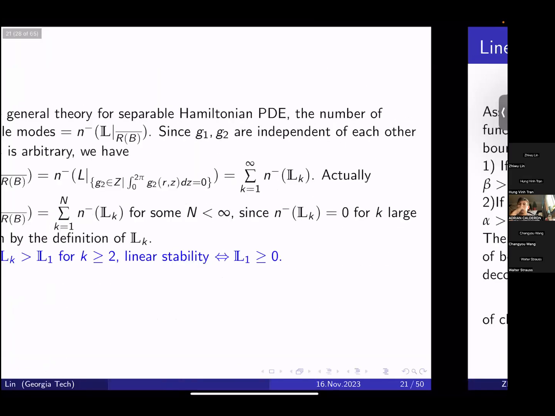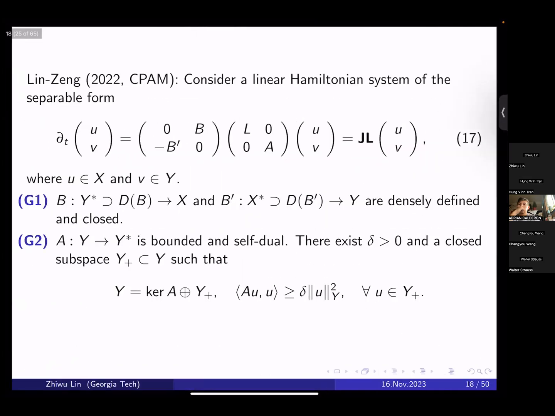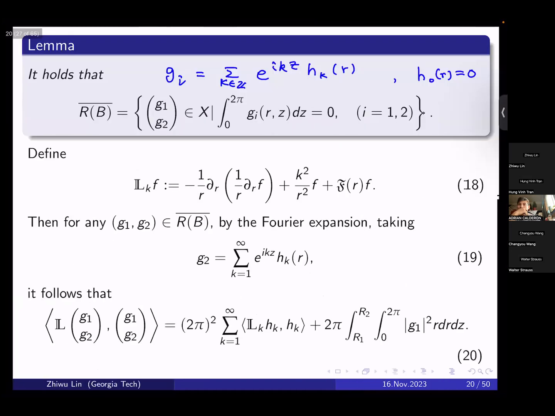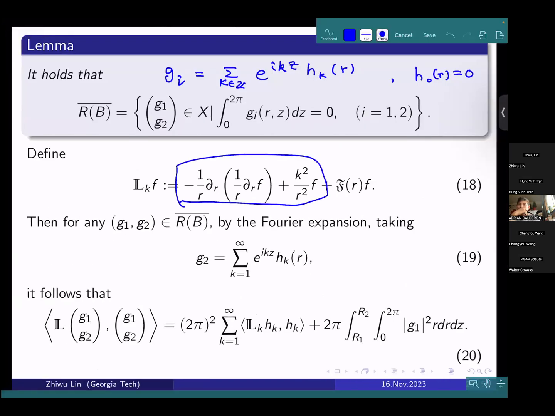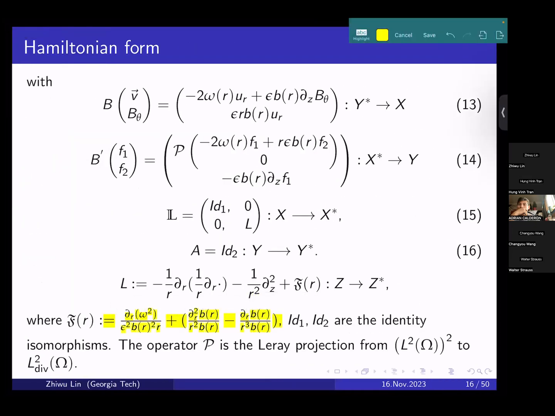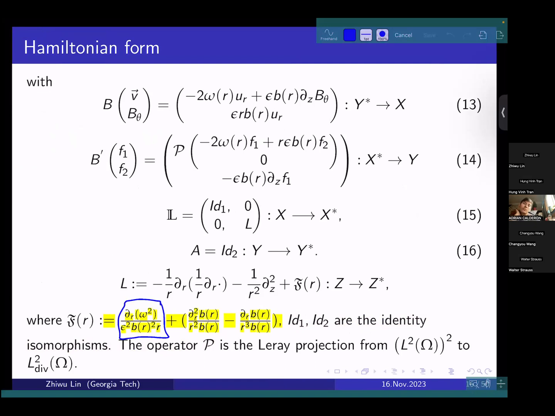If you look at our operator, you can see very clearly why this is the case. The operator L1 is this part for K equal to 1 plus a potential function f(r). So f(r) is written here. If you look at this function f(r), you can see epsilon only shows up in the first term. The other 2 terms do not depend on epsilon. So if you look at the limit epsilon tends to 0, the first term is going to be the dominant term.